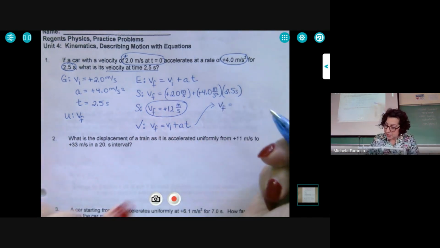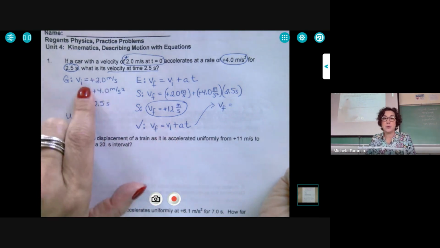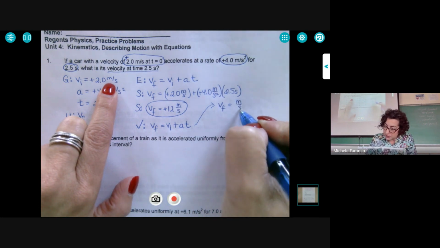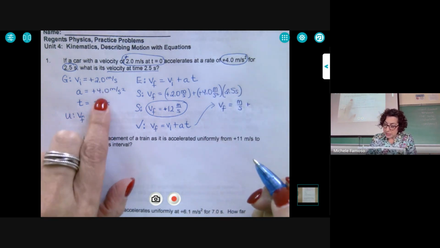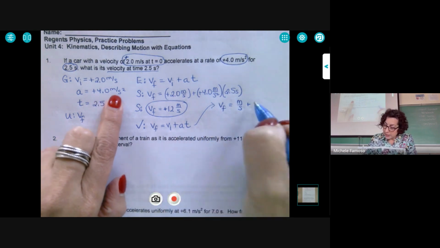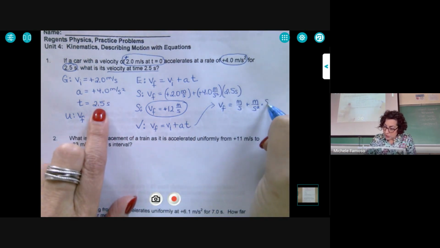So based on this, I'm now going to change out the VI to just the units it was measured in. And I can see in my givens list, that is meters per second. The acceleration, change out the A, that should be in meters per second squared. And the time is measured in seconds.